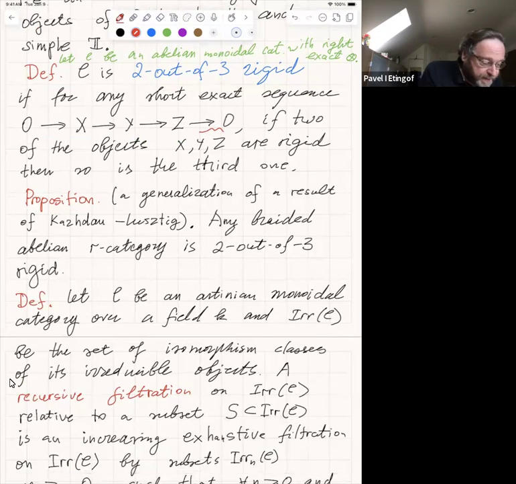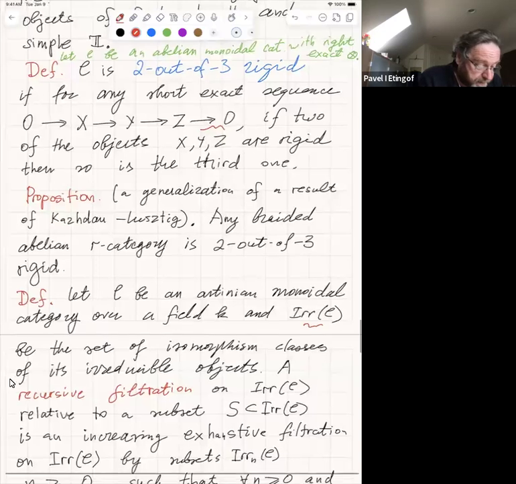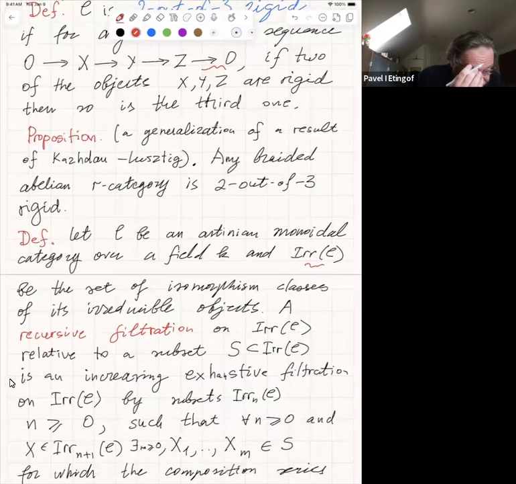So suppose I have an Artinian monoidal category over a field K. Artinian means finite dimensional Hom spaces and finite length. And let us denote by Irr of C the set of isomorphism classes of irreducible objects. And then, what is a recursive filtration on this Irr C?